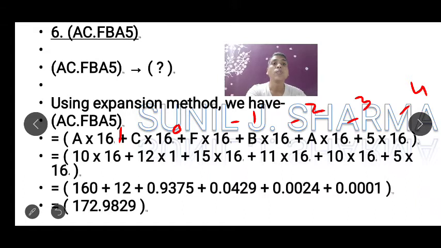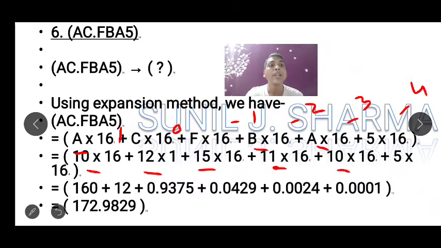As I was telling you, you should be very good in maths. Everyone knows that A means 10, C means 12, F means 15, B means 11, A means again 10, and 5 means 5. Your integer part is not a problem, because this is 160 plus 12.